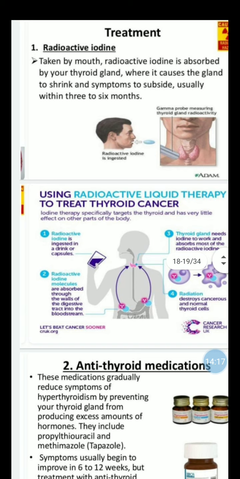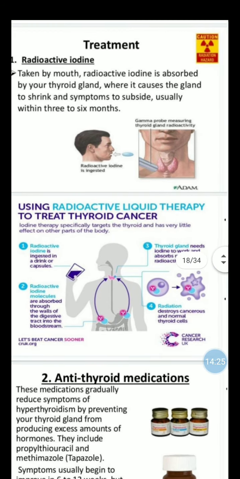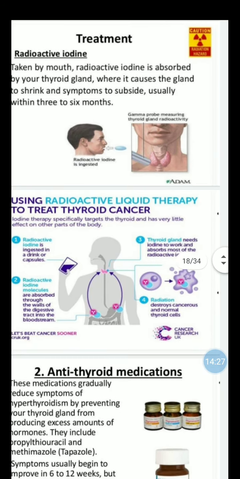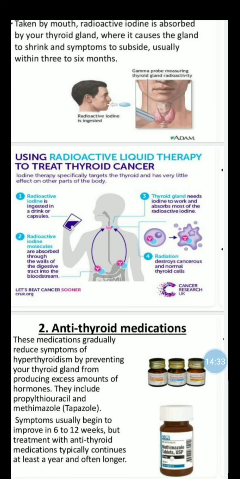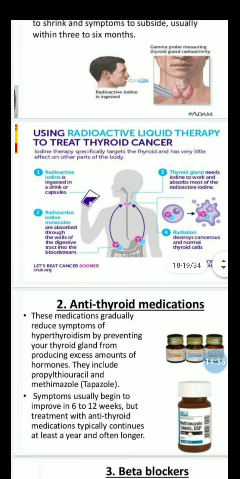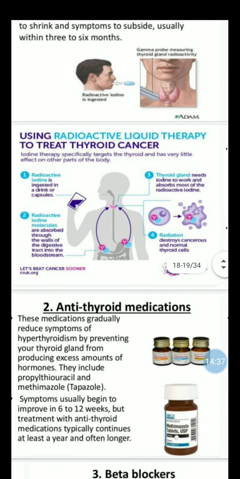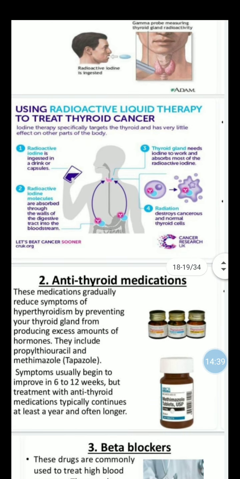Second, these radioactive iodine molecules are absorbed through the walls of the digestive tract into the bloodstream. Next, the thyroid gland needs iodine to work and absorbs most of the radioactive iodine. Then this radiation destroys cancerous and normal thyroid cells.